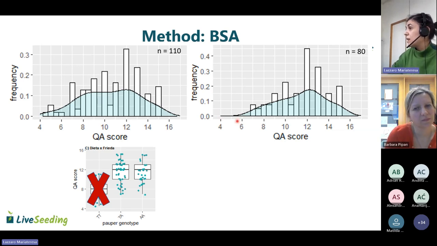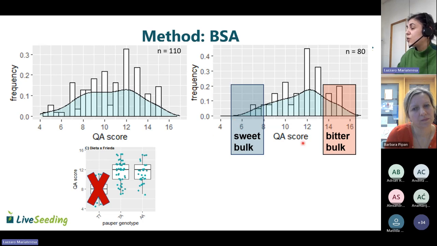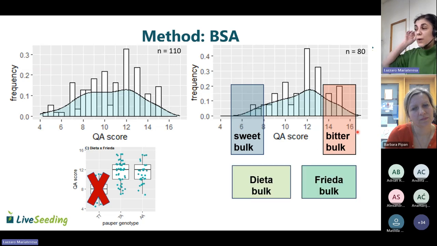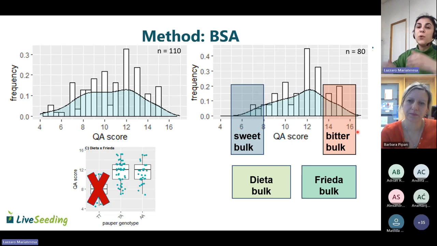Yet we could identify a bulk of sweet genotypes and a bulk of bitter genotypes, which were sequenced together with the parentals, to respond via bulk segregant analysis to the question of whether there are genomic regions which are monomorphic within the sweet or the bitter bulk, but polymorphic between the two bulks, so that we could infer QTL related to our trait of interest.